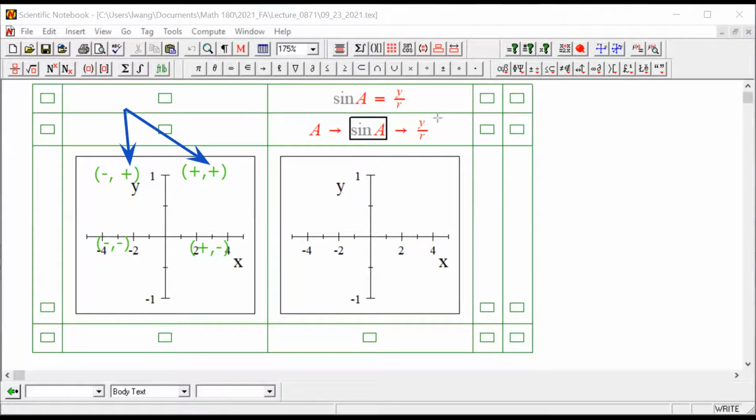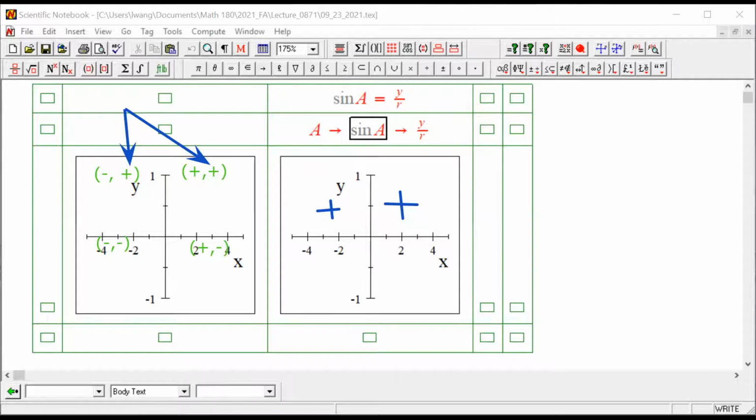Therefore, sine is positive in the first quadrant and second quadrant. You guys see that? Is everybody with me? Yes, that's very obvious.